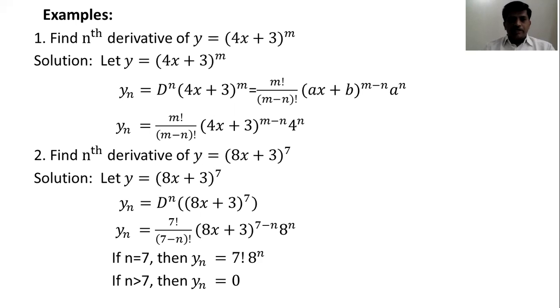Nth derivative is 7 factorial by 7 minus n factorial into 8x plus 3 power 7 minus n into 8 power n. A value 8. If n is equal to 7, then yn is equal to 7 factorial into 8 power n. If n greater than 7, then yn becomes 0. If n less than m, then above yn exists.